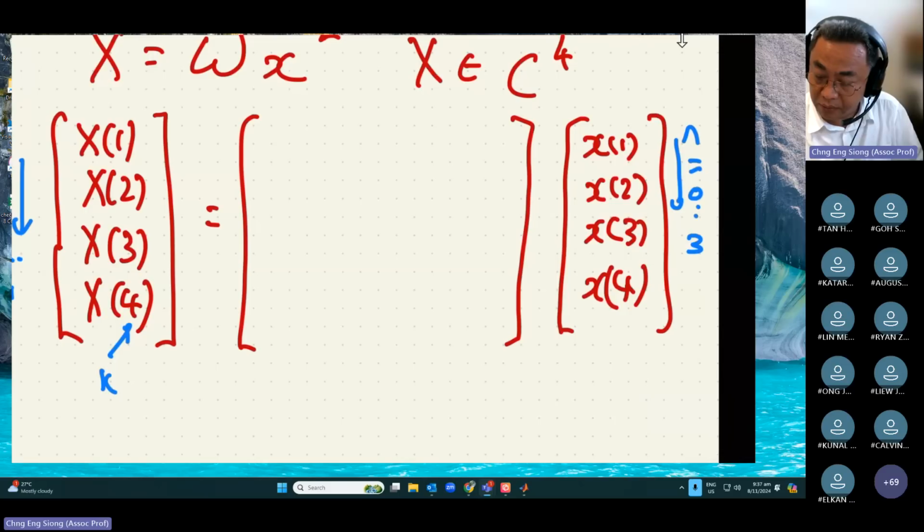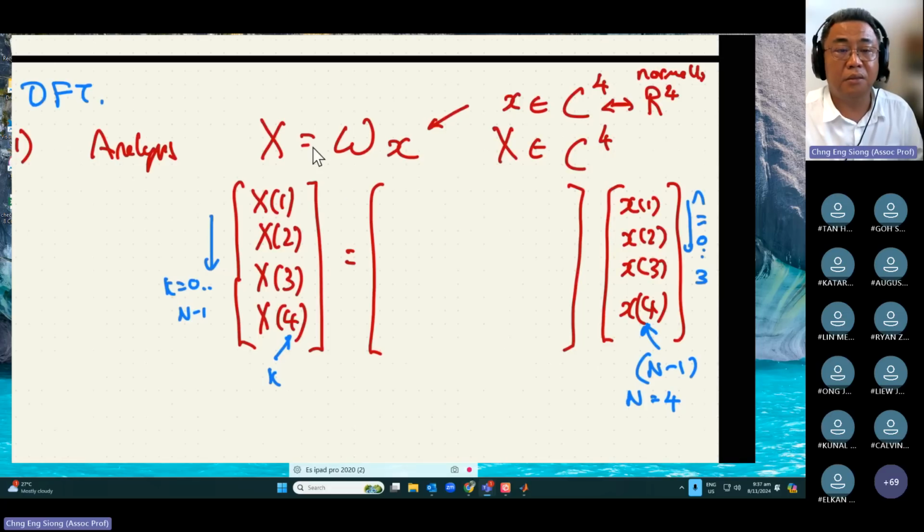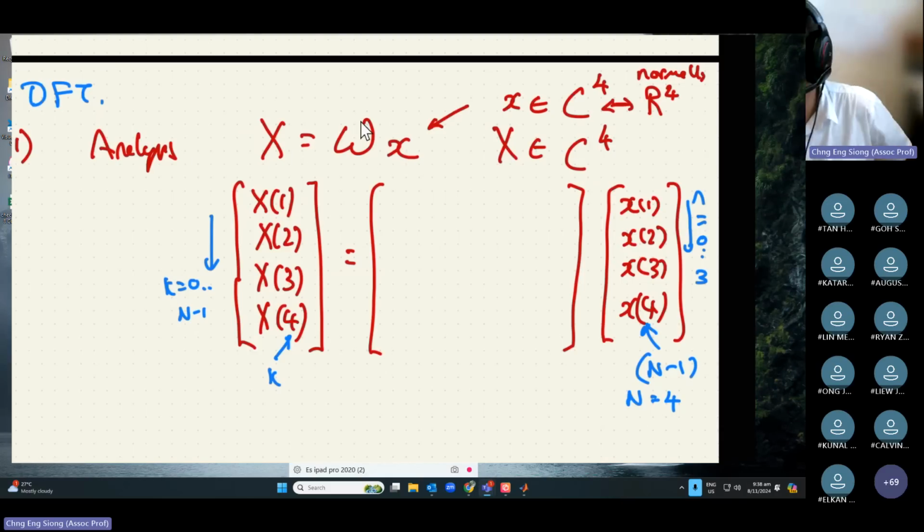And N equals 4 in this example. So you understand this is a simple linear transformation, right? In fact, it's like Ax equals b. Exactly the same, once you understand this.